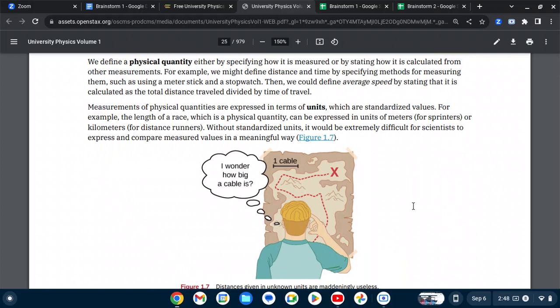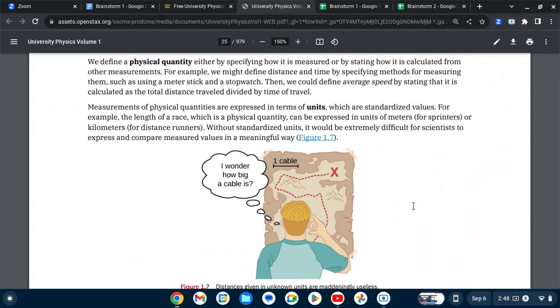We define a physical quantity either by specifying how it is measured or by stating how it is calculated from other measurements. For example, we might define distance and time by specifying methods for measuring them, such as using a meter stick and a stopwatch. Then we could define average speed by stating that it is calculated as the total distance traveled divided by the time of travel.